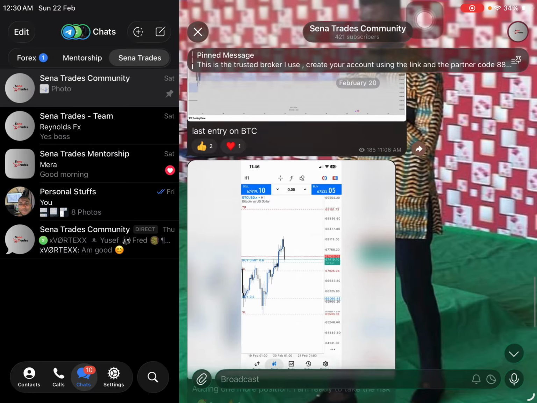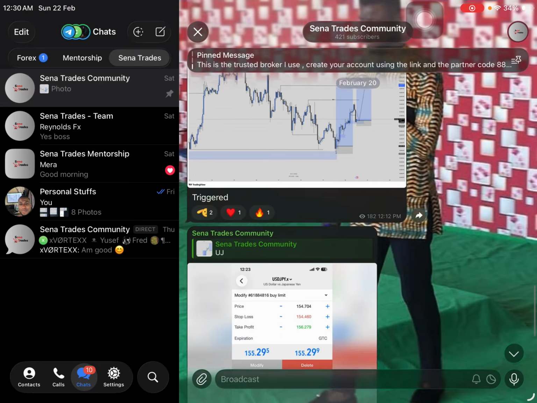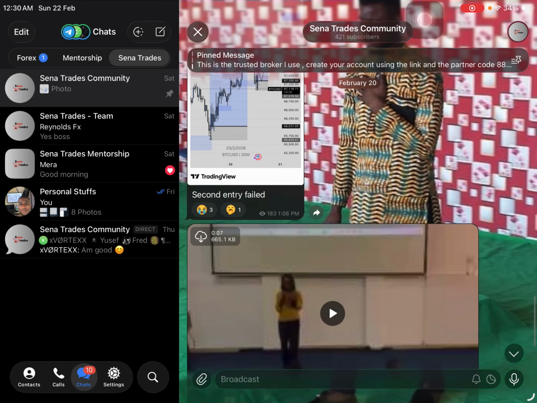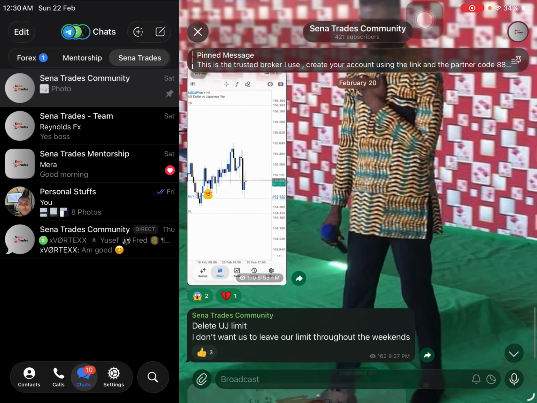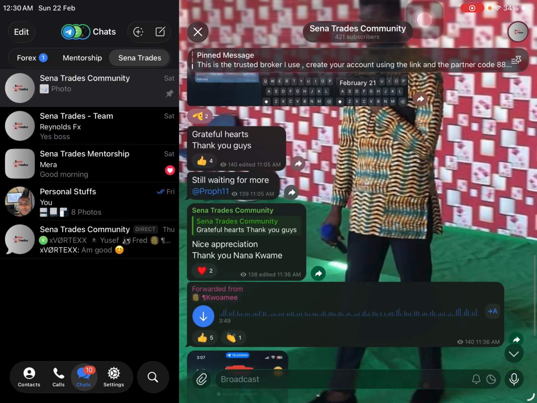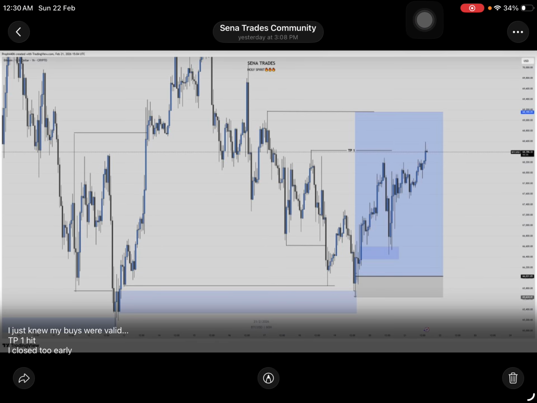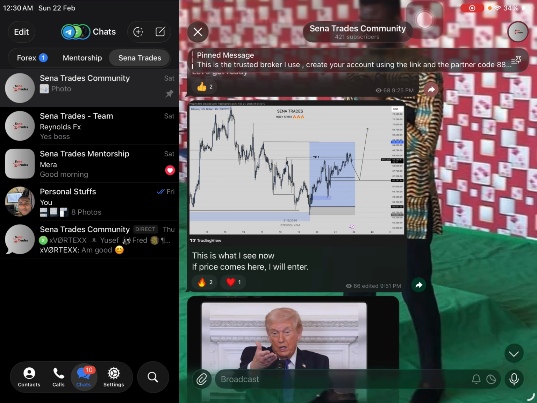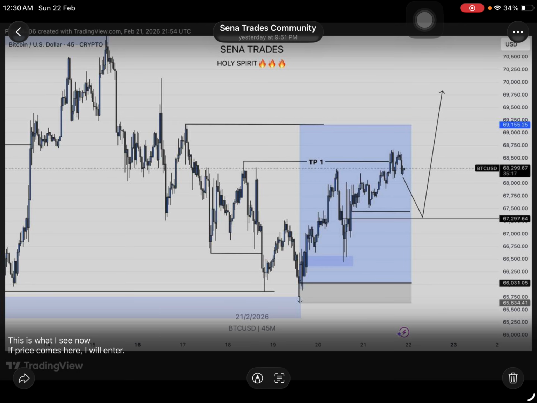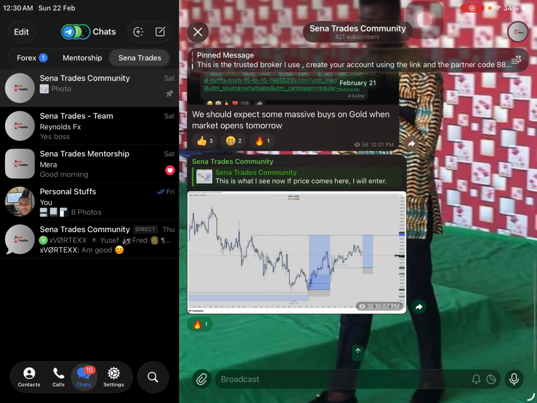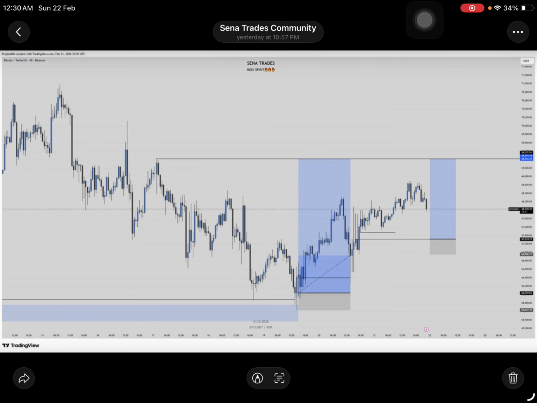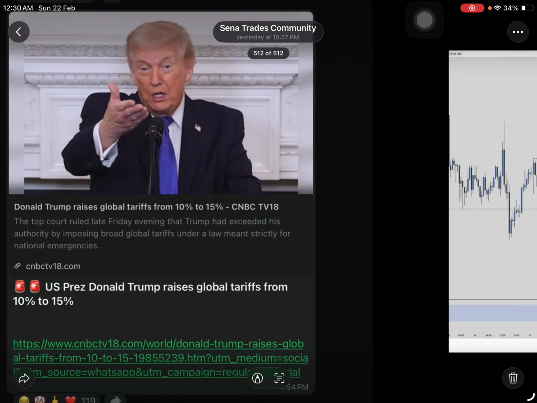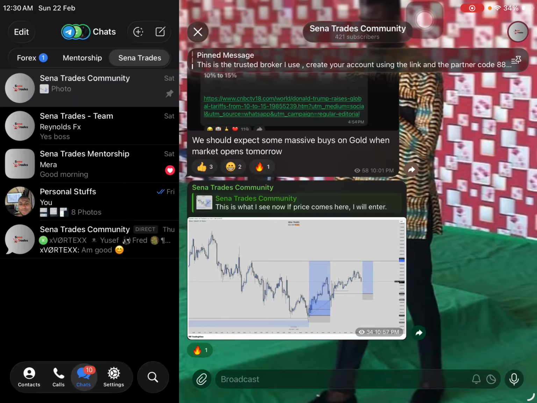And then boom, our TP1 was taken this morning. TP1 was taken, and then we are targeting the main TP. This is the TP2. This is the re-entry I'm looking for currently. So I'm waiting for a re-entry to clear this high. That's what I'm expecting right now.